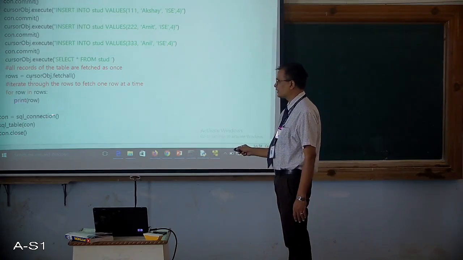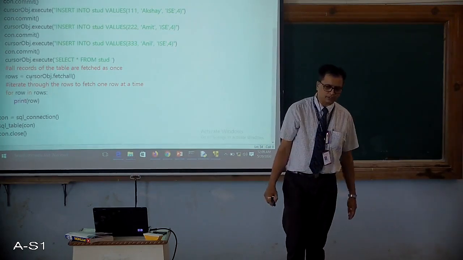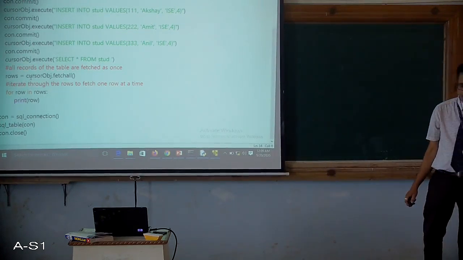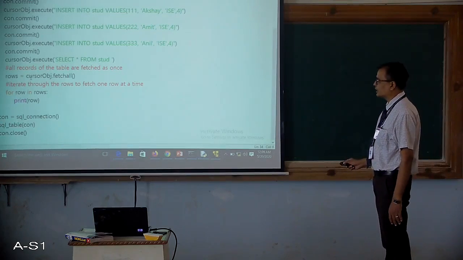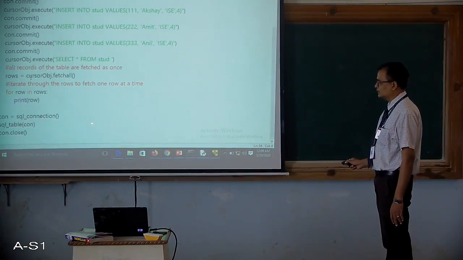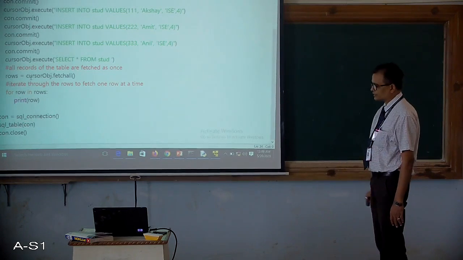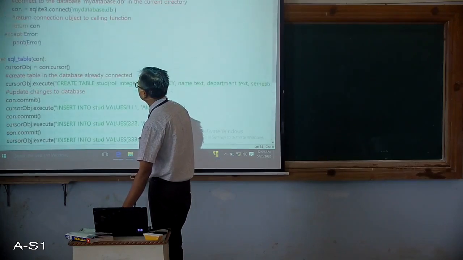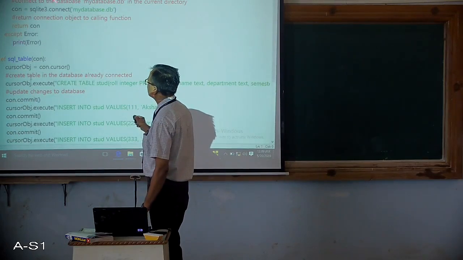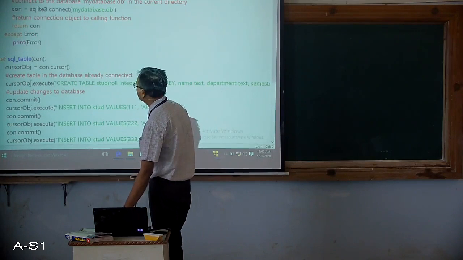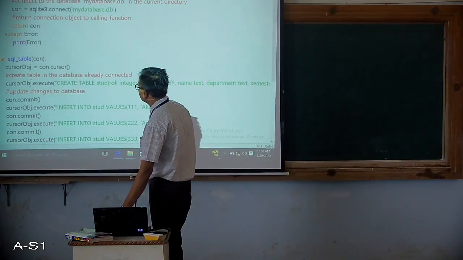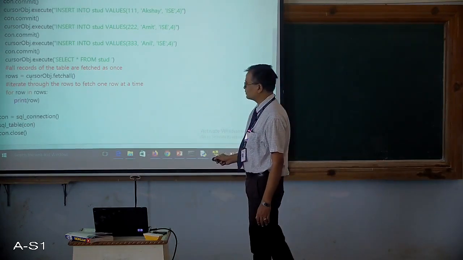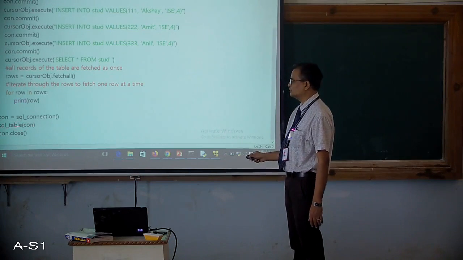Which is the first function that we need to call? First step that we need to perform is we need to create a connection. To create a connection, what we have done, connection is equal to SQL connection. So this SQL connection function, which I have already shown you, will create a connection. This particular function is called first to create a connection, and that connection is returned, and later on we'll create a cursor and perform certain set of operations with the table.